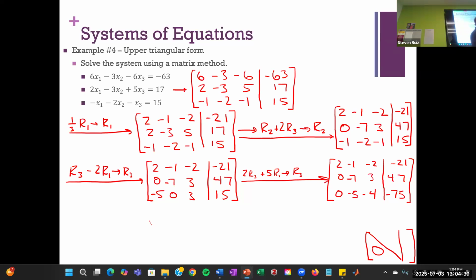Right, so provided I leave row 1 out, because row 2 has a 0 in that column as well. All right, so we know we're going to leave row 1 out of it. So what should I do with row 2 and row 3 to get what I want? I'm going to put something into row 3. But what do I want to put there?